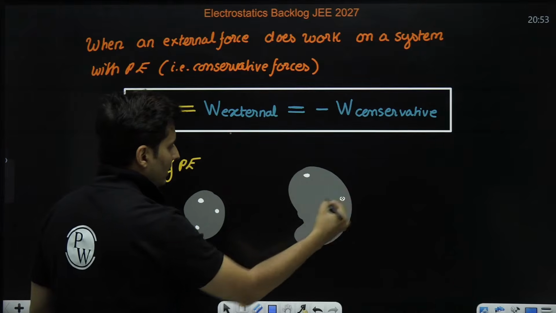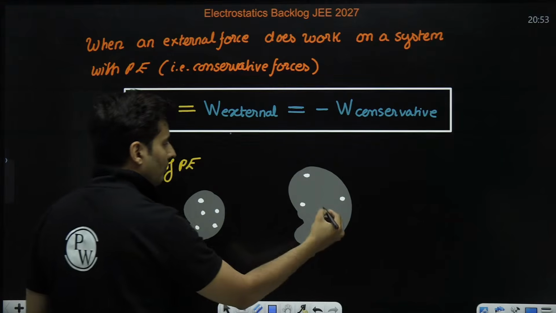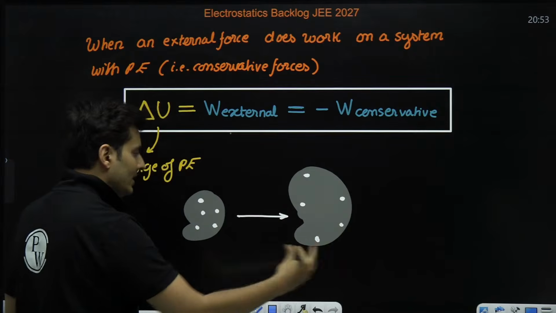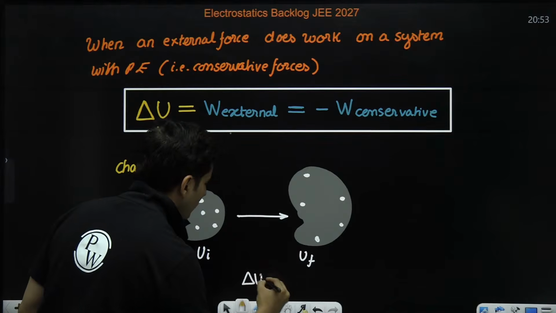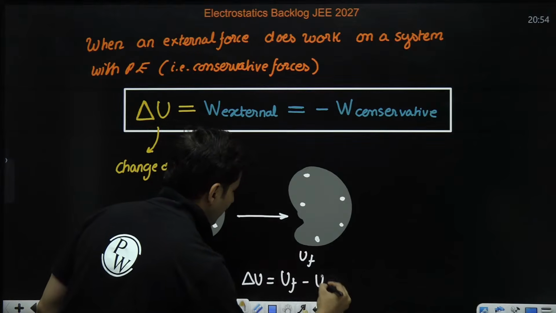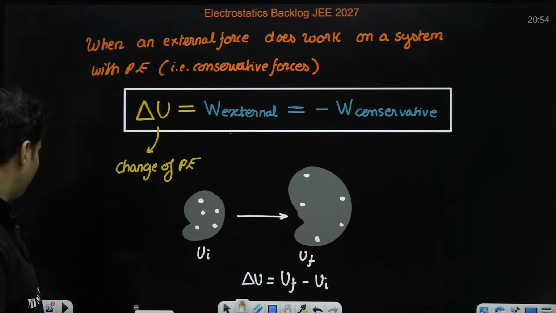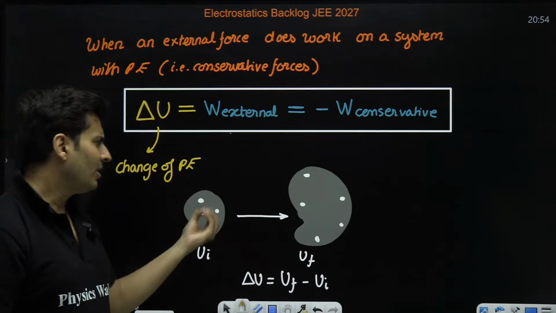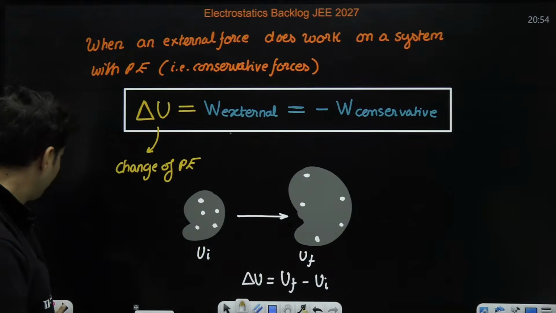So now you have changed the configuration, you have changed the location of the particles. So in this process, U will change. If this was U initial, if this was U final, delta U will be U final minus U initial. That is the meaning of change of potential energy. And why has this happened? Because some external force was there, and there would be some internal forces which are the conservative forces.